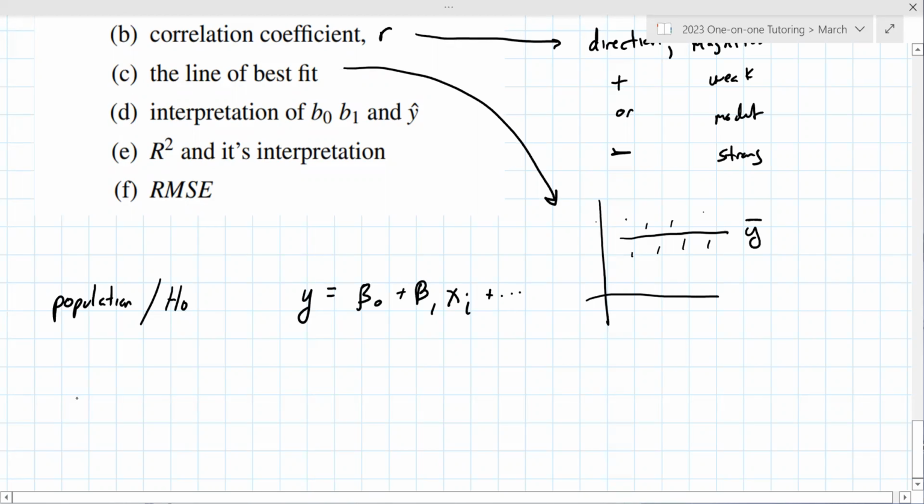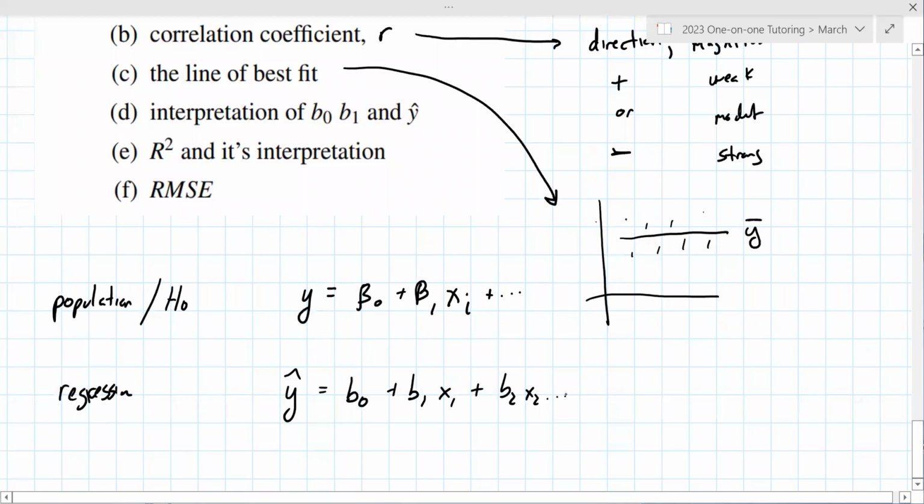But your regression equation is going to be Y hat equals B0 plus B1x plus B2x2 and so on.